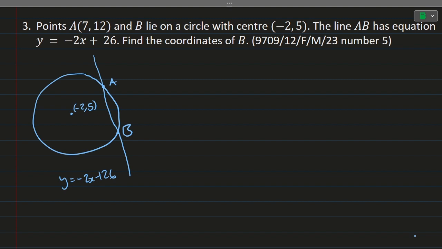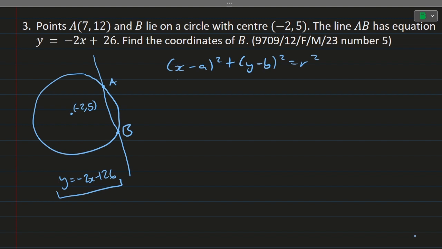As you can tell, B is a point of intersection between the line y equals -2x plus 26 and the circle. So if we find the equation of the circle, we can solve the circle and the line simultaneously to find the coordinates of B. We know that a circle's equation is written in the form (x minus a) squared plus (y minus b) squared is equal to r squared.